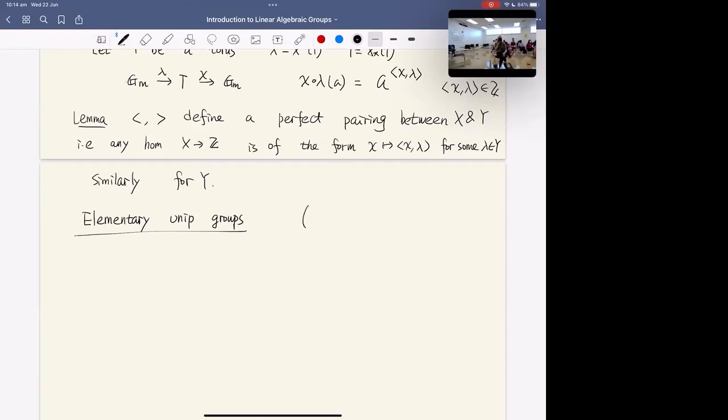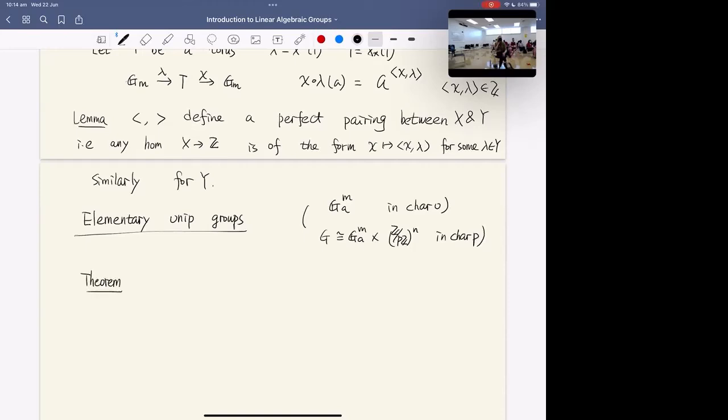Basically, in characteristic 0, all the elementary unipotent groups are Ga to the M, and in characteristic p, you can allow things like Z mod pZ. These are the so-called elementary unipotent groups.